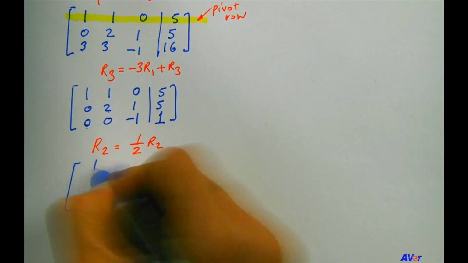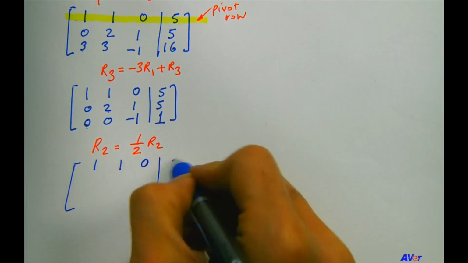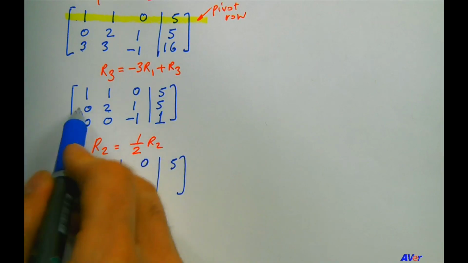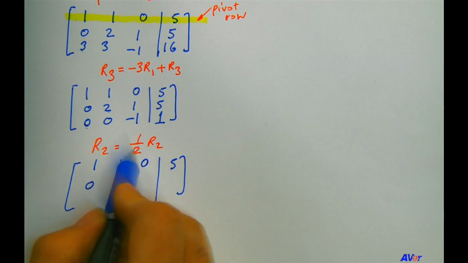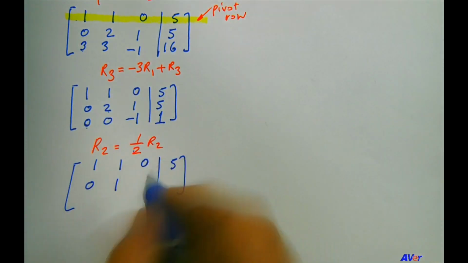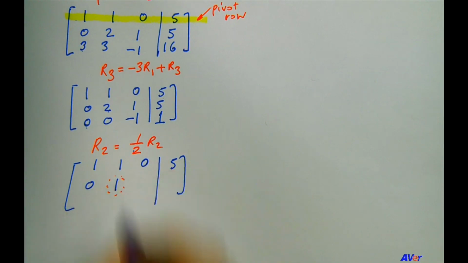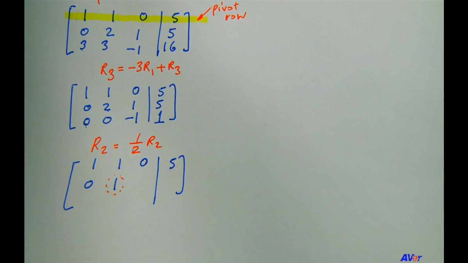Writing down the next matrix, we have 1, 1, 0, 5, and then multiply the second row by 1/2. 1/2 times 0, 0. 1/2 times 2, 1. And this is our pivot element right now, right? This is the pivot element, which will then identify the pivot row.